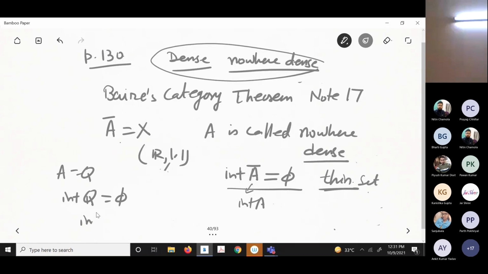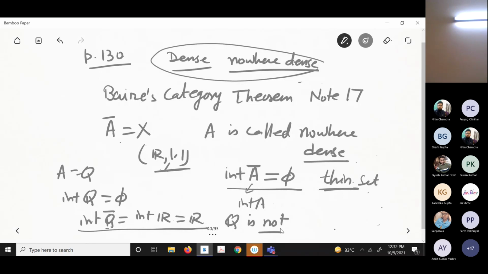Whereas the interior of Q bar is R, in this topological space, metric space R. So don't forget about the definition. This makes a big difference. Even taking the closure, Q is not nowhere dense. Be careful about it.